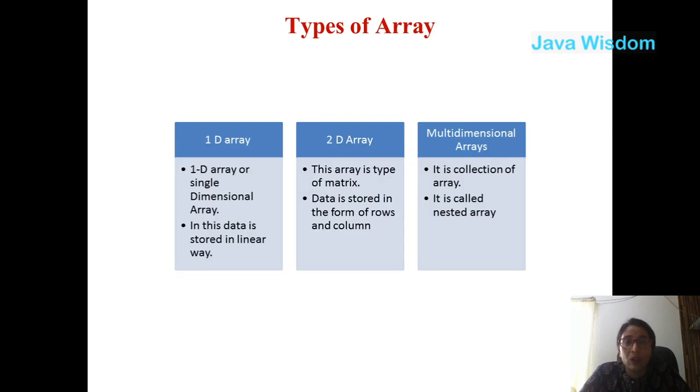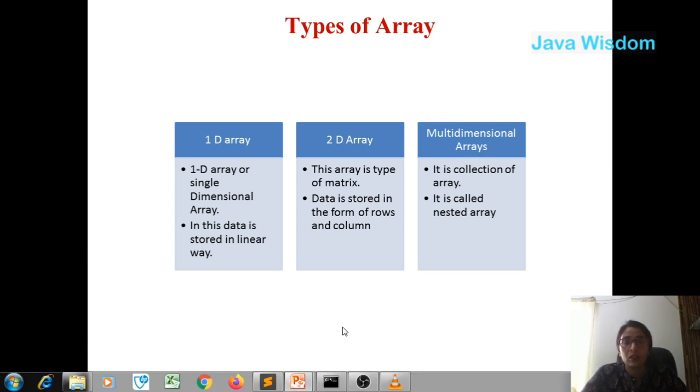Now next, we will see types of an array. So basically there are three types I have mentioned here: 1D or one-dimensional array, 2D or two-dimensional array, and multi-dimensional array. A one-dimensional array is also known as a single-dimensional array. In this, data is stored in a linear manner.